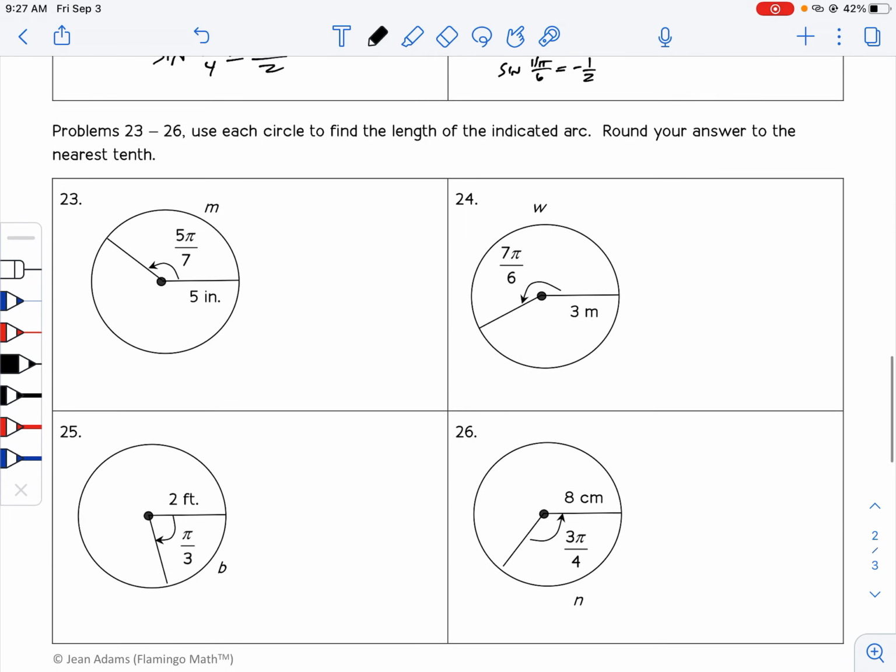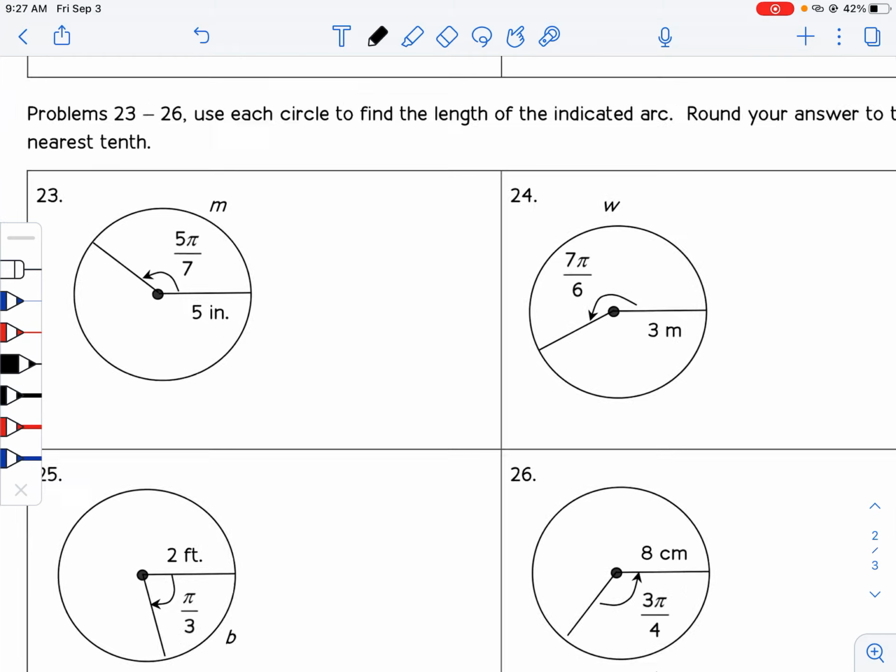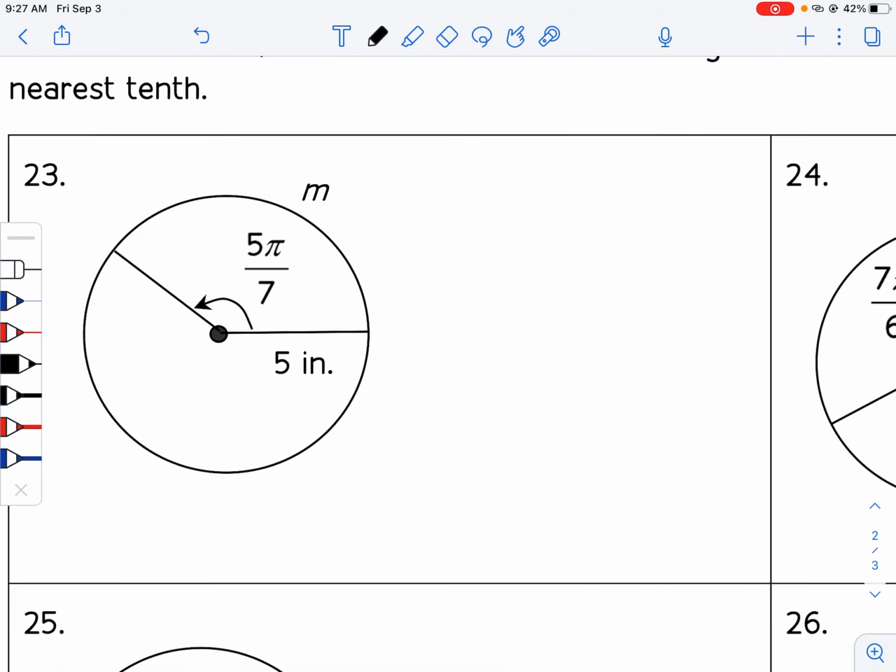Okay, the next section here, and I'm not going to do all of these for you. I want you to do some of these on your own, is to find the indicated arc length. Remembering here that the whole circumference of the circle is 2 pi multiplied by the radius, which is 5 inches. So as I set up a proportion here, I want to solve for the arc length, in this particular case, m for number 23.